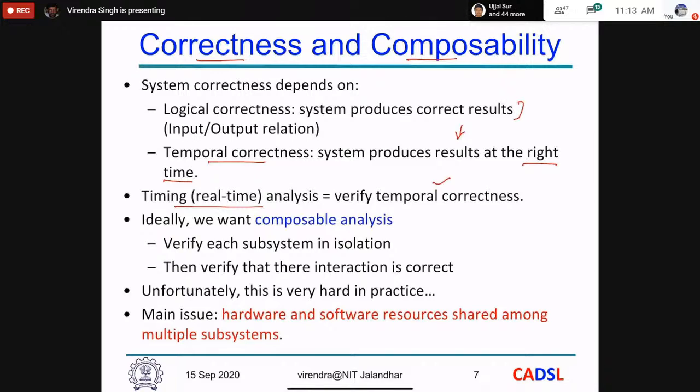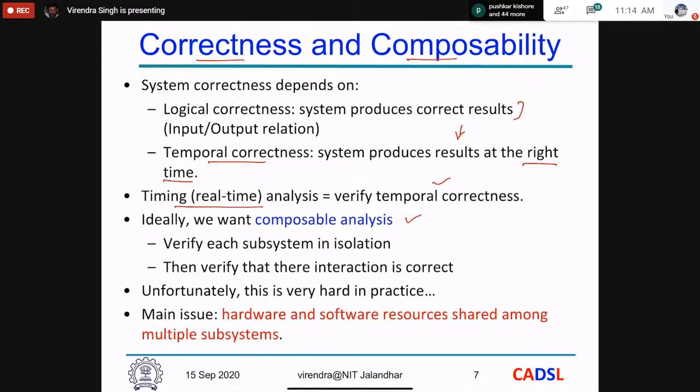And the other thing that we also discussed last time is we want that the system should be composable. So as I mentioned earlier, this is a system of systems. So if I take a couple of systems which are designed independently, and verified or checked for the correctness independently, and I can integrate them together, then it should also work correctly. And therefore we can enhance the productivity.